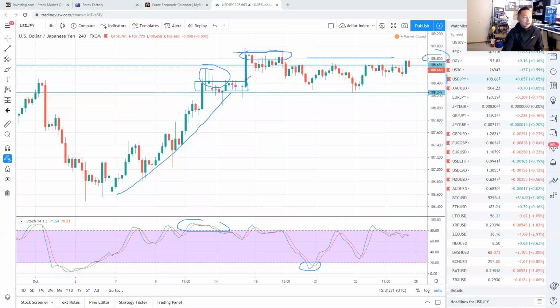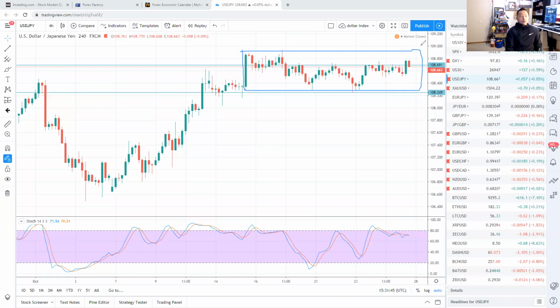You can outline this bullish engulfing candle back here. That's why I'm going to talk about candlesticks in my next video. This bullish engulfing candle already outlines the zone here.